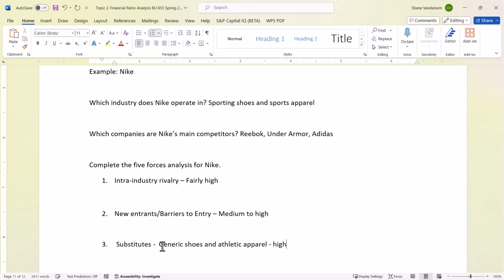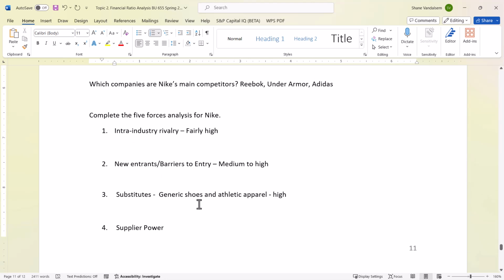So the substitutes would be fairly high. Supplier power. This is where they're probably in a good spot. They are not reliant on any one industry or any one supplier for the things that go into making their apparel and their shoes. So supplier power would be fairly low.